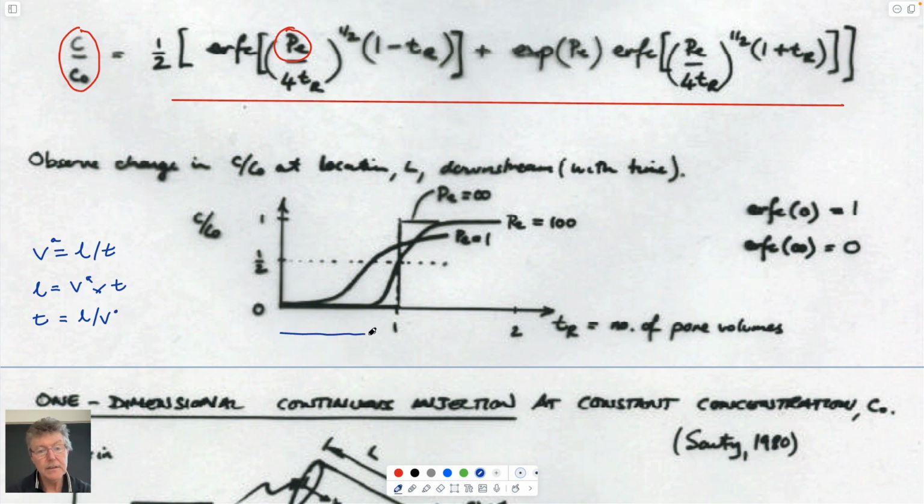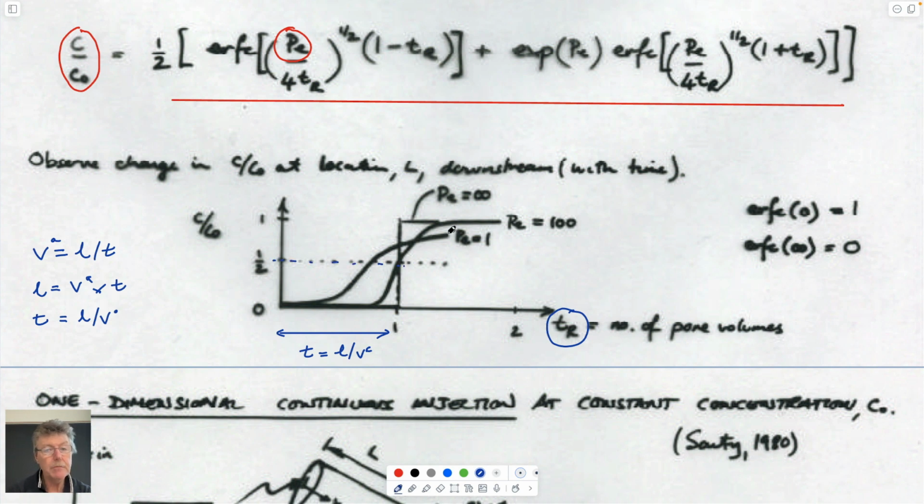And so this is equal to the time taken for one pore volume to come through. We've used a different unit. And so this would be T is equal to length over velocity. So in the case where you have plug flow, then you exactly have that, and you'd be able to calculate from the half concentration would be present at that location.